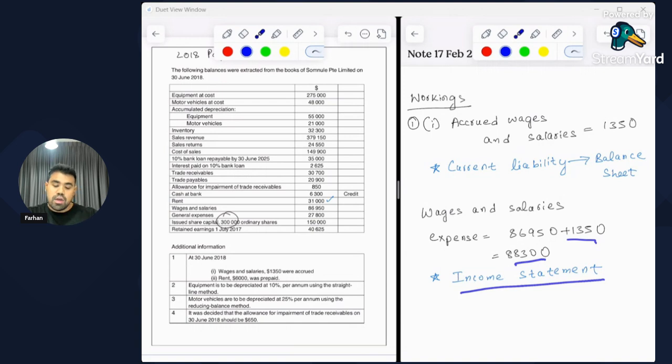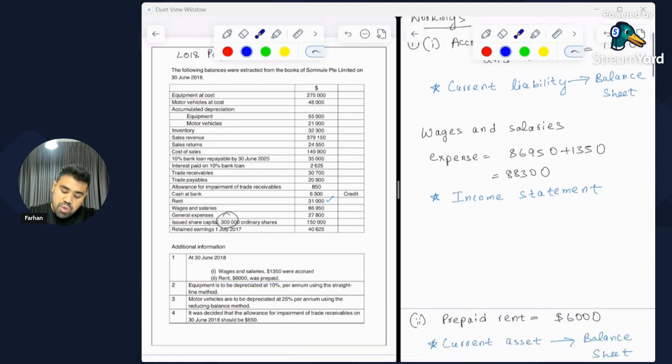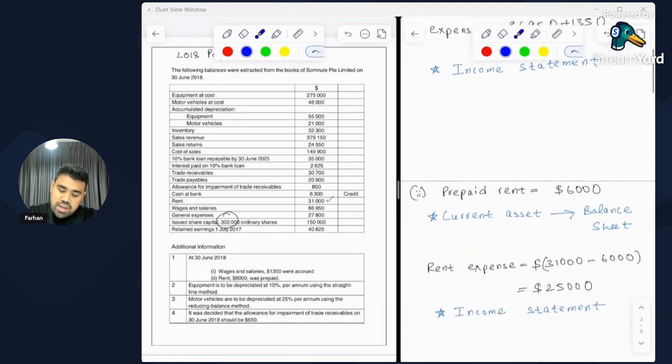All right. Now, the next information that we have for point number 1 is that rent of $6,000 were prepaid. Now, when we say we have got prepaid rent of $6,000, this is referring to rent payment that we have made in advance. Let's say currently we are preparing the accounts or the financial statements for the year ending 30 June 2018.